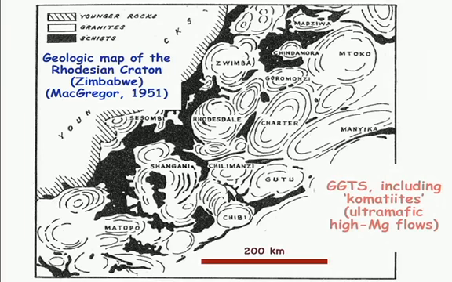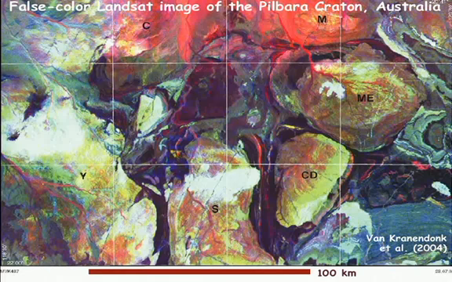We now would call them TTGs and other things, but felsic rocks forming domes, and in between those domes are granite-greenstone terrains that are forming folded keels between them. This is a different type of style that we have in younger rocks.